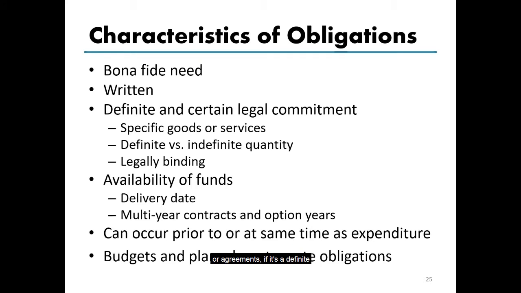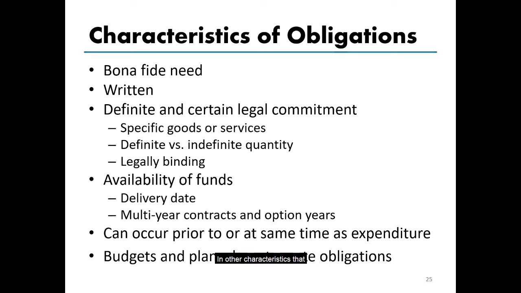If it's a definite quantity that you expect to receive within the contract period, then you would obligate the entire amount until such time as you receive the goods and services, and they turn into an accrued expense. If it's an indefinite quantity, you would only obligate the minimum amount that you're required to purchase during the contract period.